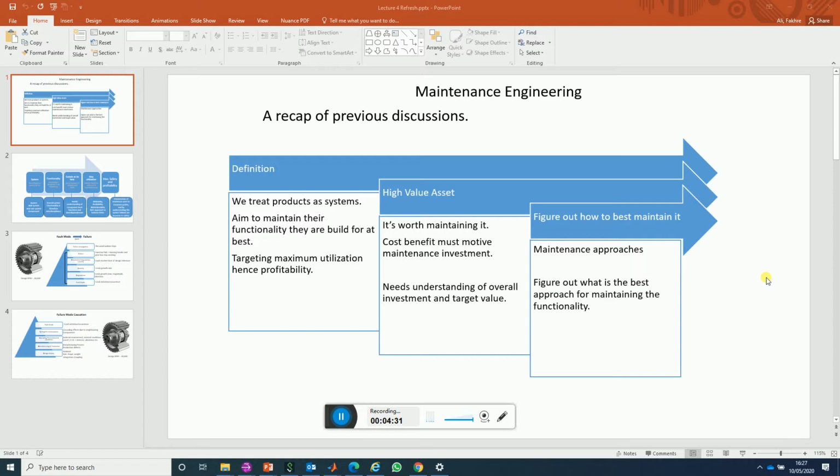So let's say the heat exchanger was designed with an effectiveness of 75% of the heat transfer from hot to cold. We would want to make sure that it operates for its lifetime, let's say 10 years, at that 75% effectiveness.